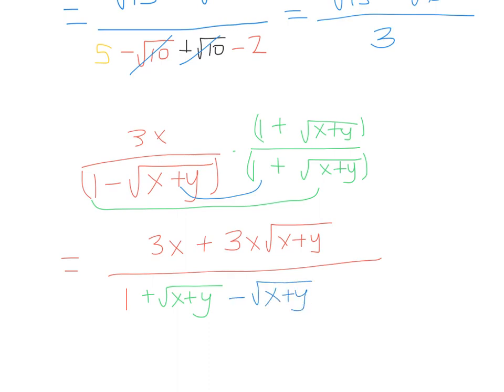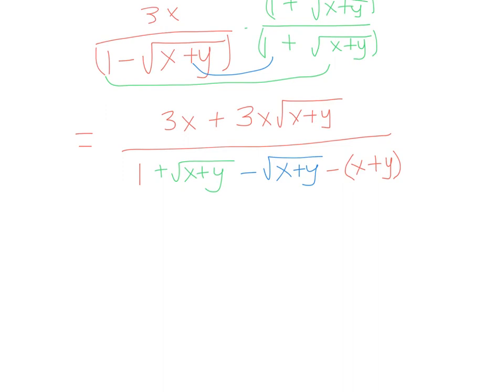And then last times last, we get a minus, in parentheses, x plus y. Right? Because we have square root x plus y times square root x plus y. And that's going to give us just what's underneath the square root, so x plus y. And then the minus is applied to that whole thing, so we want to make sure that we distribute that minus.